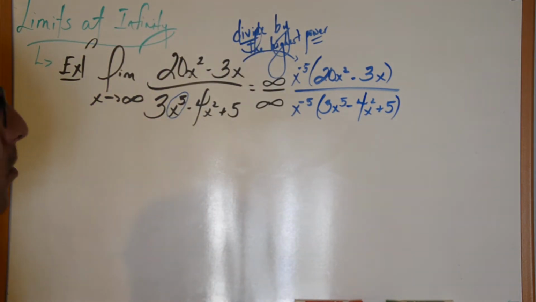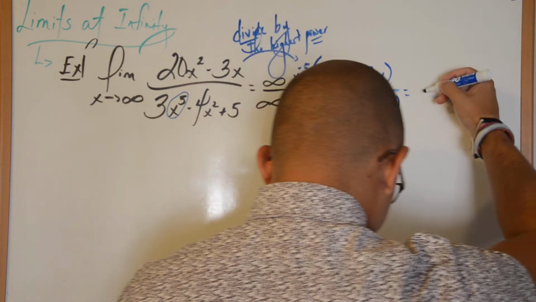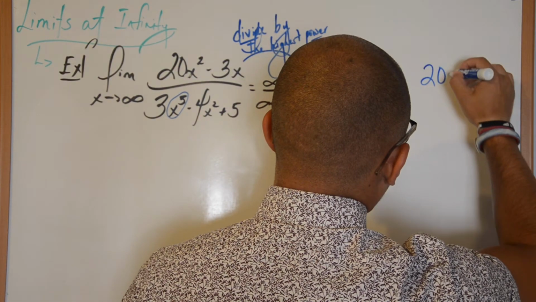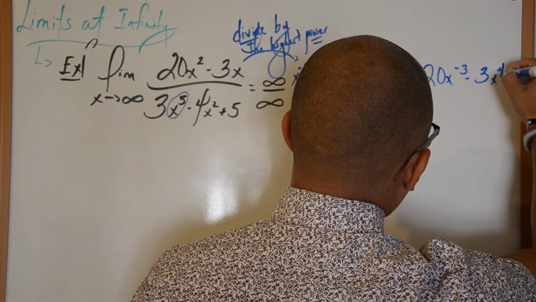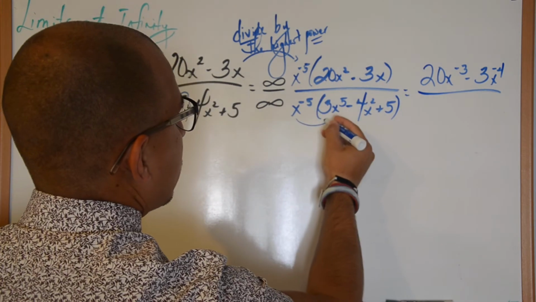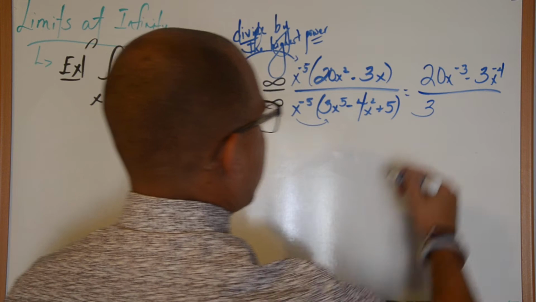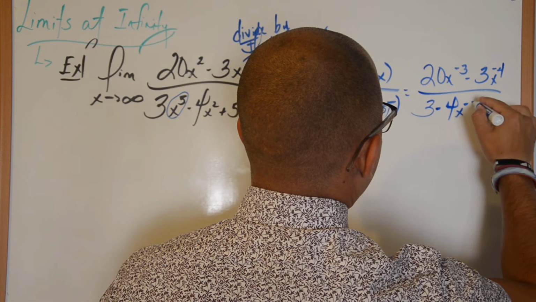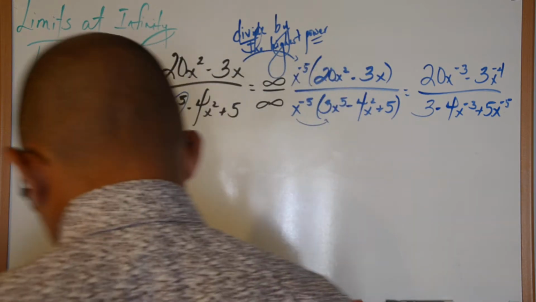Okay. So here, if you remember your exponent laws, this will yield 20x to the 3rd minus 3x to the negative 4th. Here, this will simplify altogether. We'll be left with 3 minus 4x to the negative 3rd plus 5x to the negative 5th.